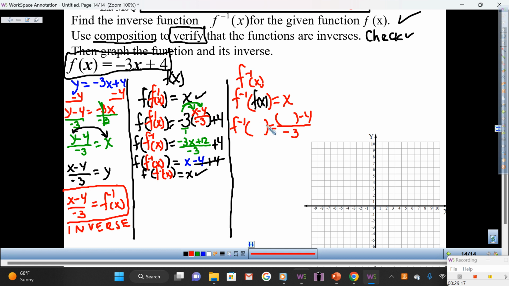Yes? All right, but now instead of x, I'm going to substitute f of x. So what does f of x equal, guys? Negative 3x plus 4. So that goes right here. Negative 3x plus 4. All right, let me zoom in.